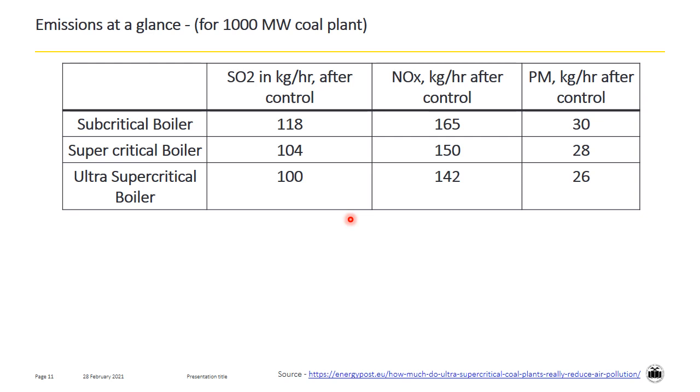It is showing emissions in these three different types of boilers, and you can see, may it be sulfur dioxide, may it be NOx, may it be particulate matter, all expressed in kg per hour of operation, and they are indicating that the trend is decreasing from subcritical to ultra supercritical boilers. So in conclusion, we can say ultra supercritical boilers are giving lesser emissions amongst all these three types of boilers.